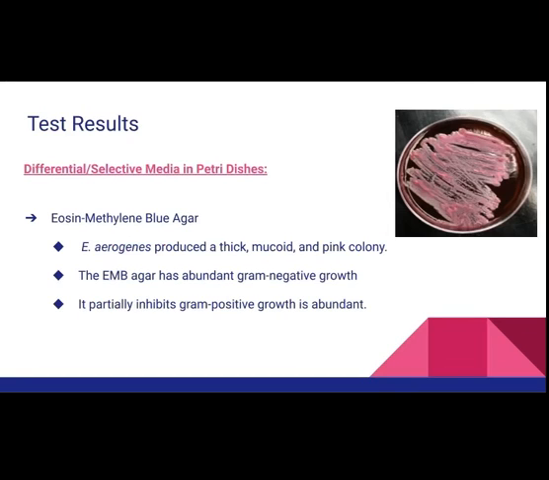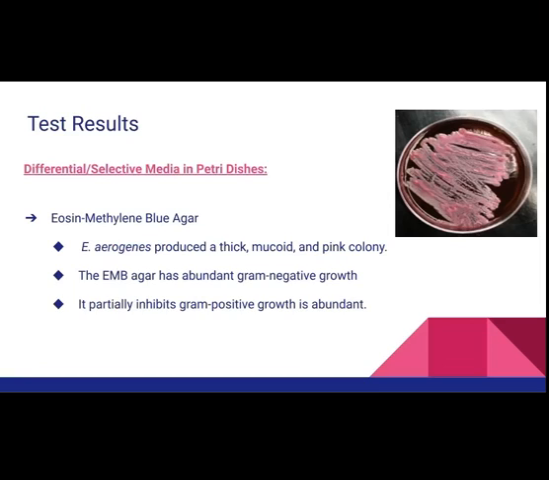So up to this point, my test results have matched the microbes E. coli and E. aerogenes. And so the eosin methylene blue agar was what told me that I had E. aerogenes because it produced a thick mucoid pink colony. Now, E. coli would have produced a blue-black colony with a green sheen, and so because I had this abundant pink colony, I knew that I had E. aerogenes, not E. coli.